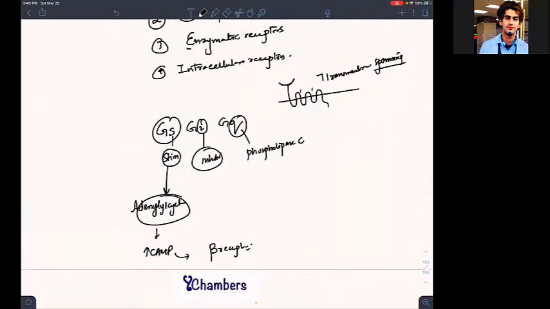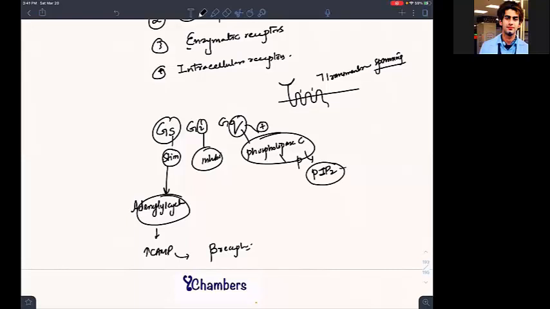So GQ is actually activating the phospholipase C. If I have GQ, I will stimulate the phospholipase C. Now this phospholipase C converts phospholipids into PIP2.